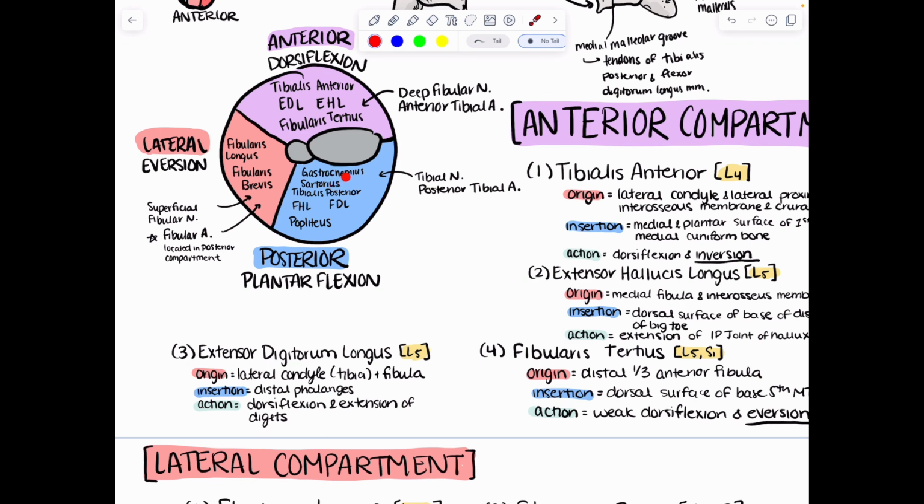Gastroc and soleus, not sartorius, that's a note mistake, that should be soleus, are the main ones in the posterior that I want you to know, and popliteus, which again unlocks the knee. And then the lateral, for eversion, your fibularis longus and fibularis brevis.